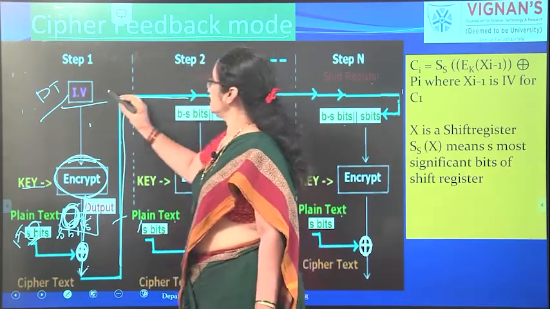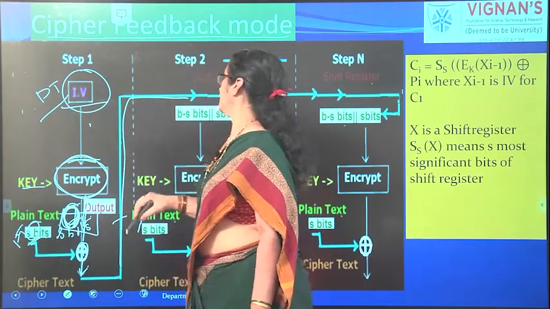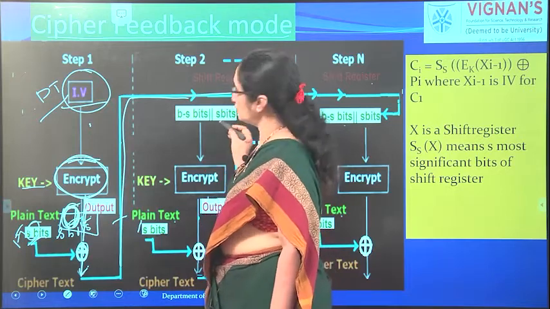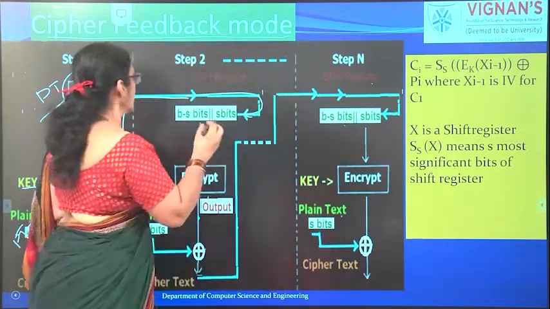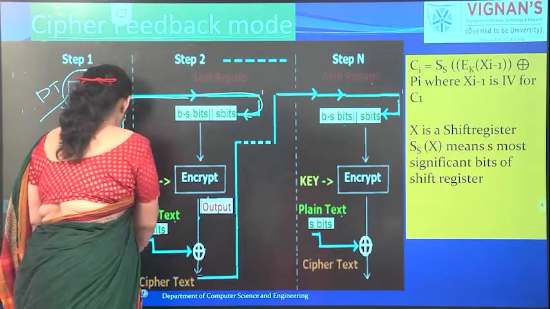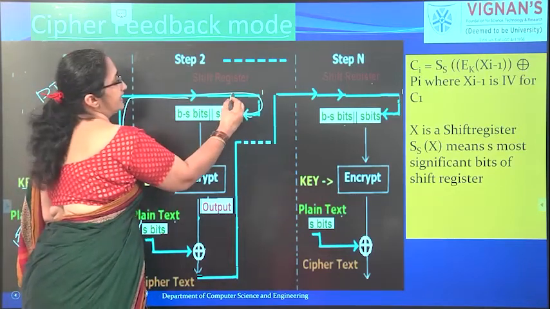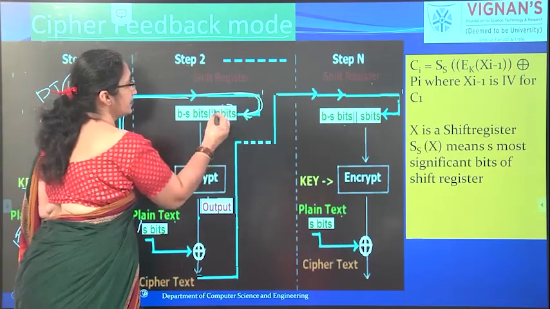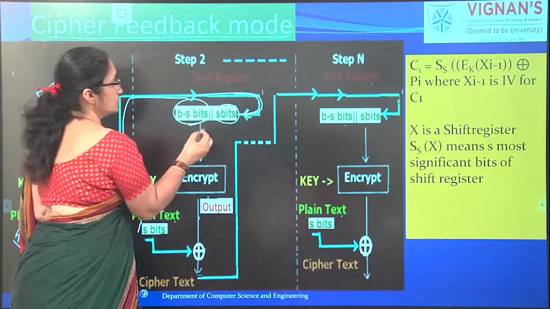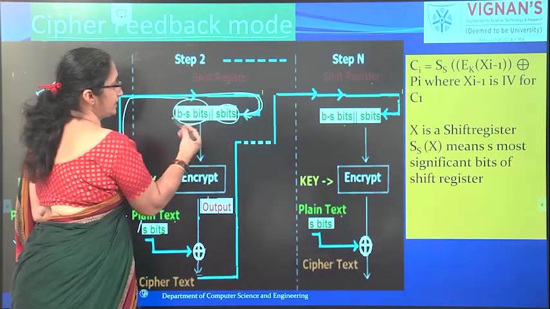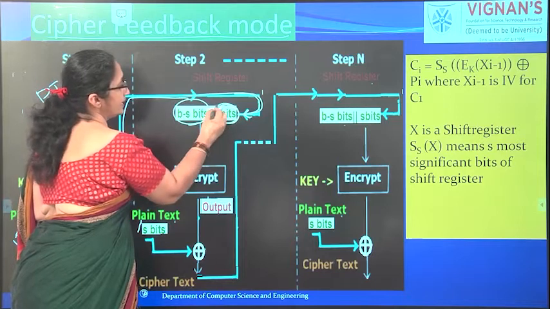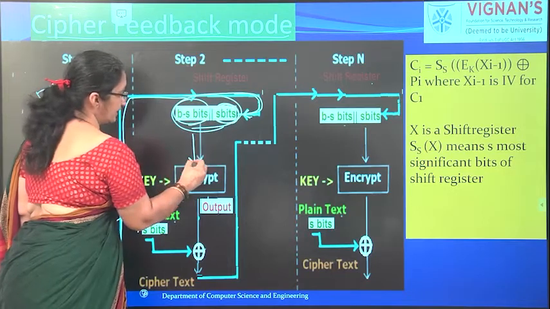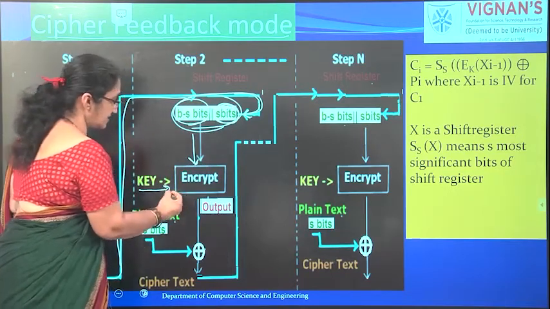How is it being changed? Here instead of IV, you are sending the ciphertext as input to the shift register. In the shift register, you take these S bits and you left shift by S bits and add them to the end, and this will be the input to the encryption algorithm using the same key.